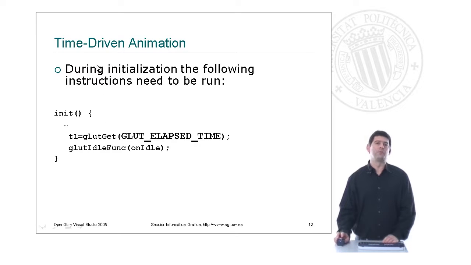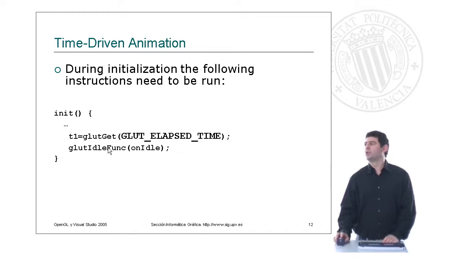In order for this program to run, we need to store the time at initialization. To do so, we have to run the following code segment inside the initialization routine.